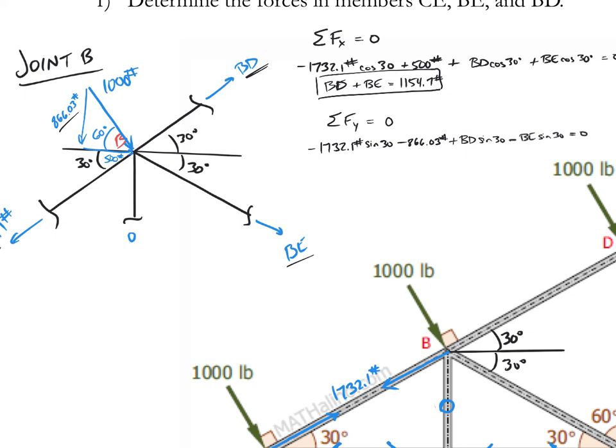If we rearrange all that and solve it, we get BD minus BE equals 3464.2 pounds. As I have done, this will be the third time I've solved these particular equations. We're going to add these two equations, which is called simultaneous solving where I come from. So 2BD equals, hold on. You could just go back earlier in the notes and copy it.